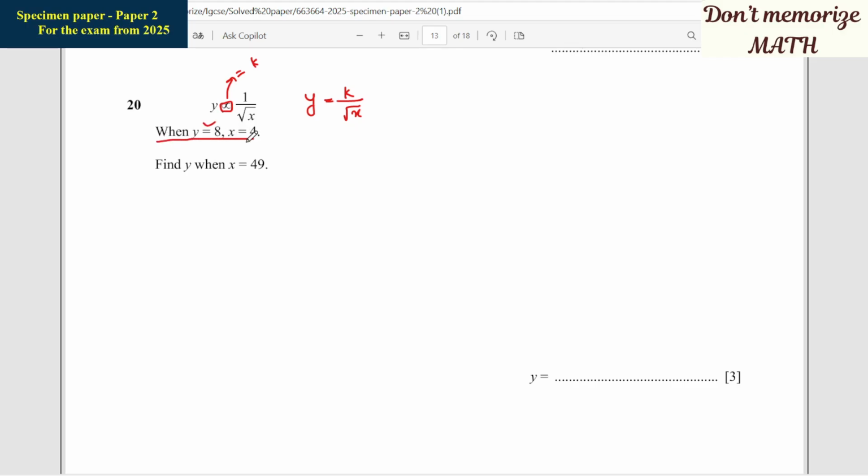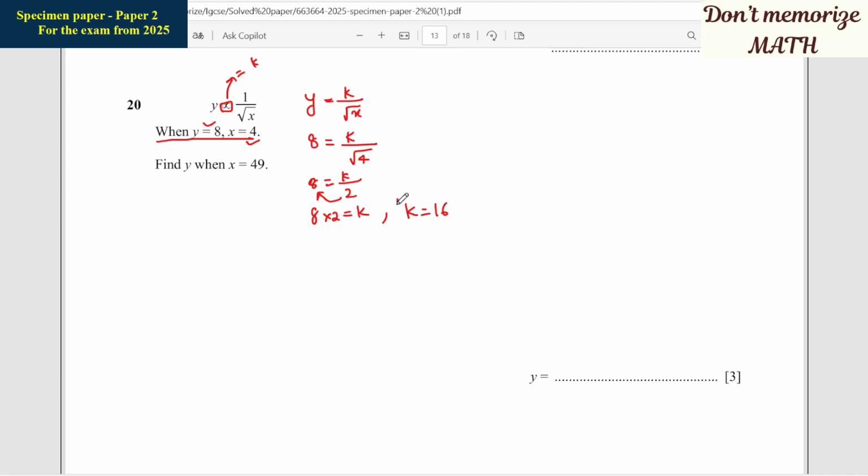Okay, then here what is given, then use the next sentence. Y is 8, x is 4, we'll substitute here, y is 8, so 8 is equal to k over square root of x, so square root of x is 4. Okay, so you will get 8 equal to k over square root of 4 is 2, so you will get 8, the 2 we can take here, so it will become multiplied by 2 is equal to k, so that you will get k is equal to 8 times 2, that is 16.